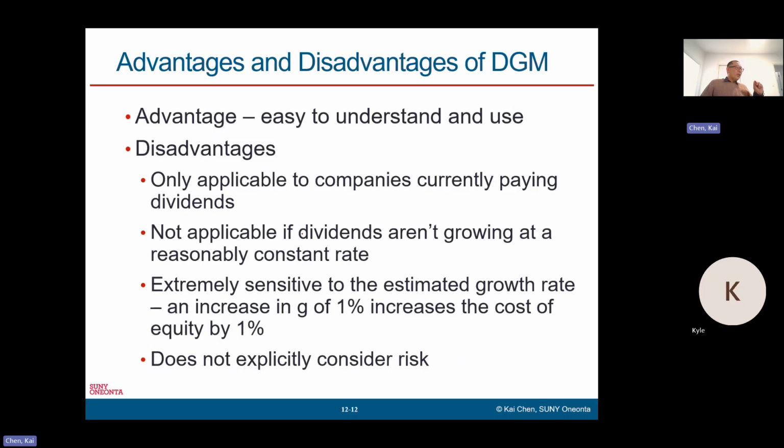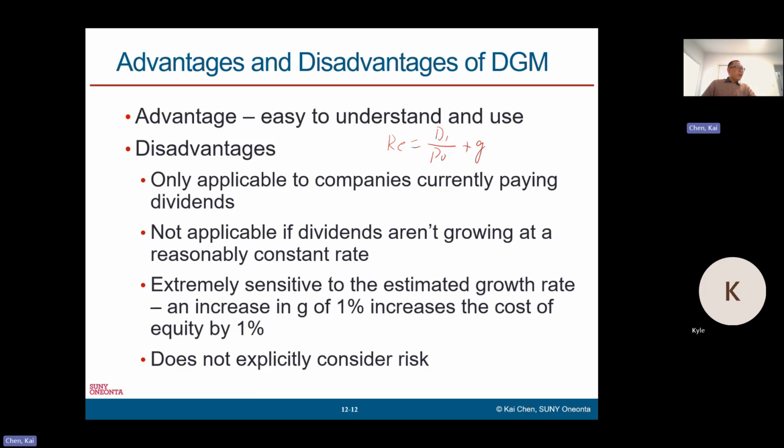In my opinion, the largest disadvantage is that this model is very sensitive to the estimated growth rate. If we look at the model, RE equals D1 over P0 plus g, right?